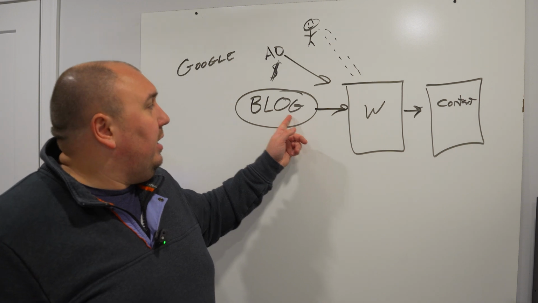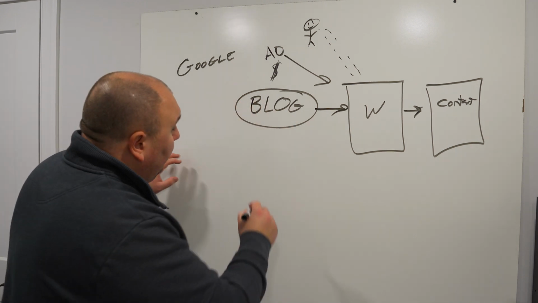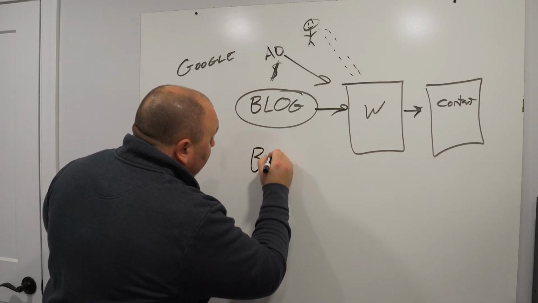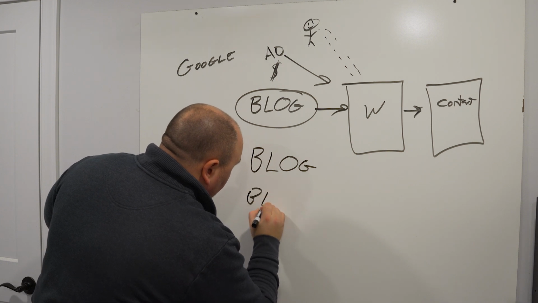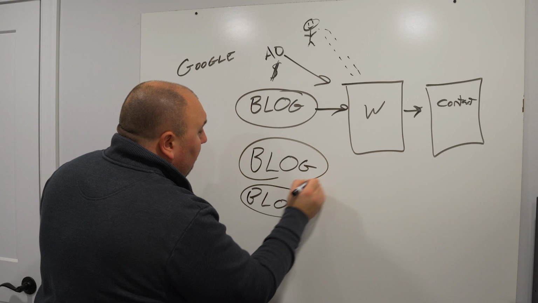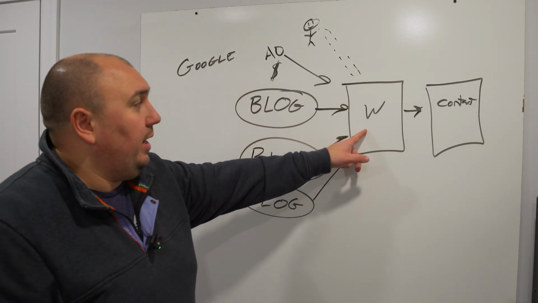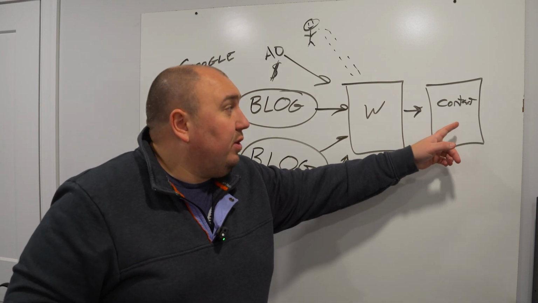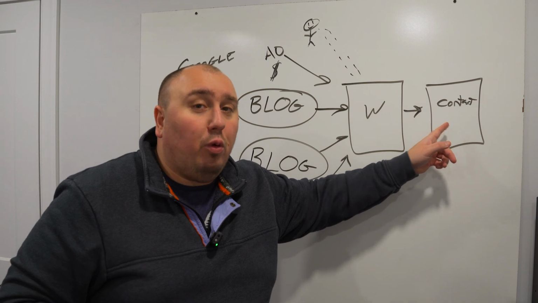And every blog is a lottery ticket to getting free traffic from Google. And the cool part is the more you write of these, you're going to keep getting more and more traffic to your website, which is going to ultimately result in more people reaching out saying, hey, I want to do business with you.